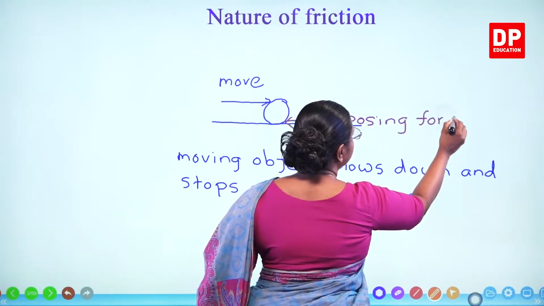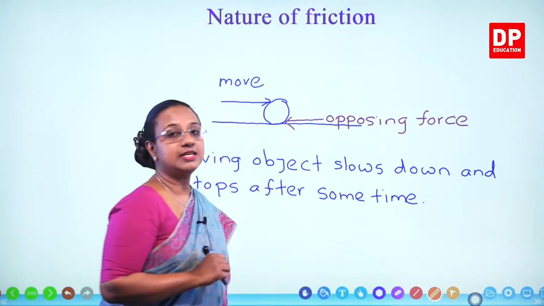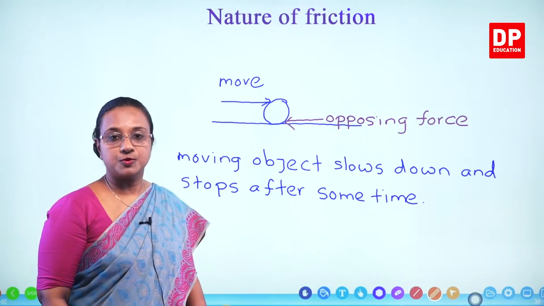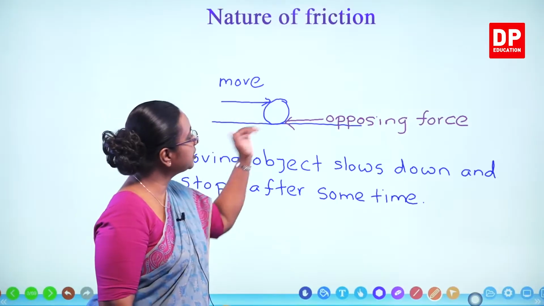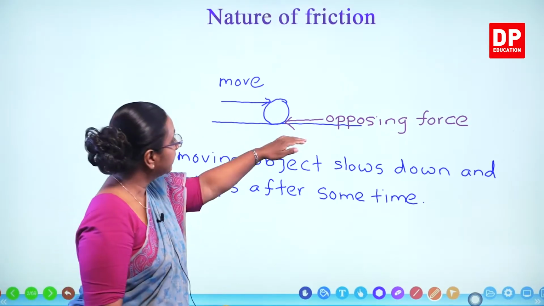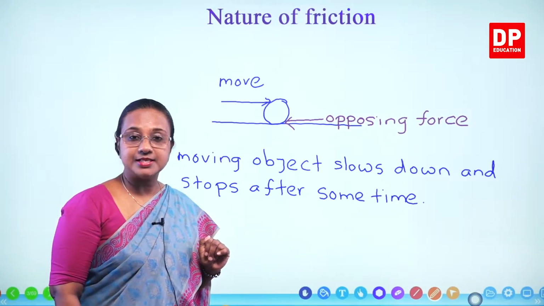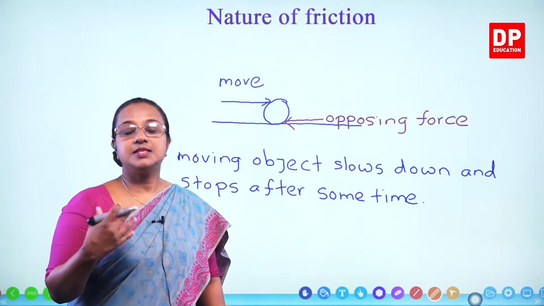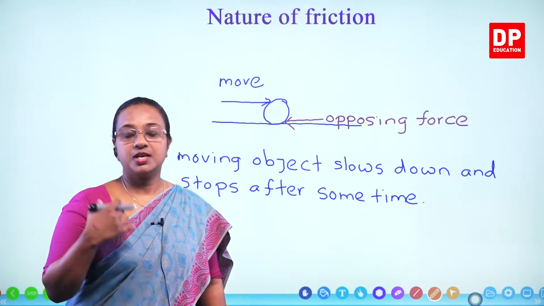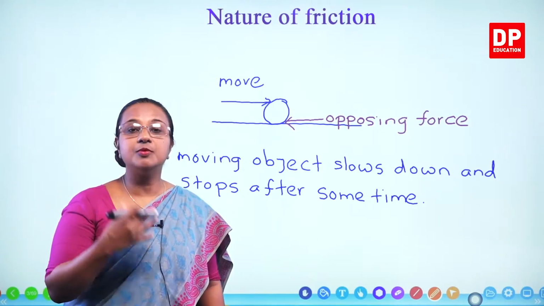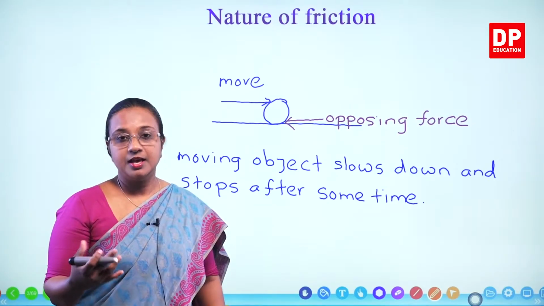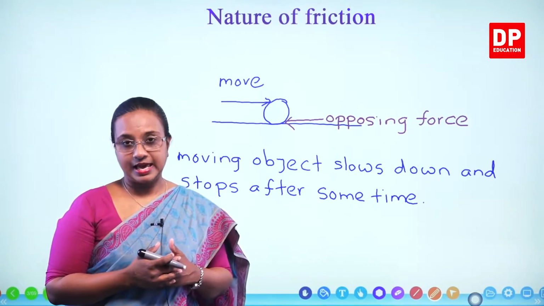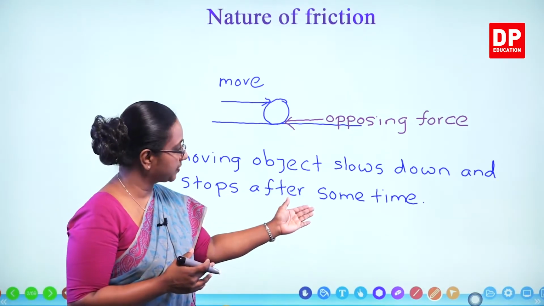So for that, the surface in contact applies an opposing force. So when this object is moving, the contact surface is exerting an opposing force. This is a resistive force which is trying to resist the movement of the object. That is the reason the object moves to a certain extent and then stops.